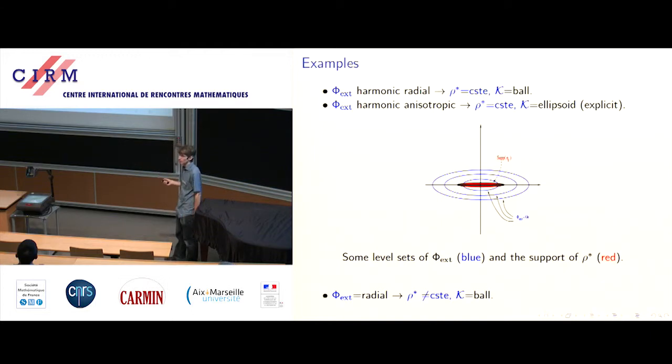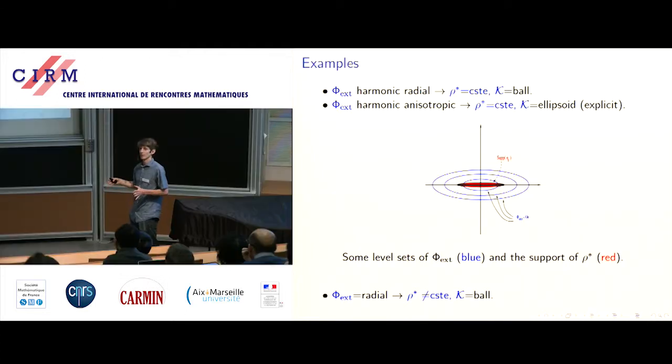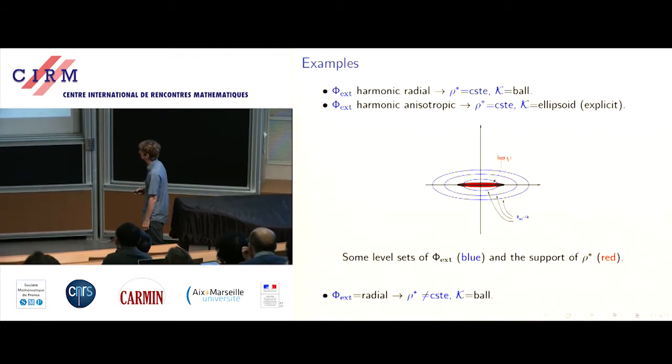They're ellipsoids. And you see here the support of the density. It's also an ellipsoid, but not the same as the external potential, and you can see it's much thinner. So if the potential is elongated in one direction, the limit density is even much more elongated in this same direction. This is an interesting effect.